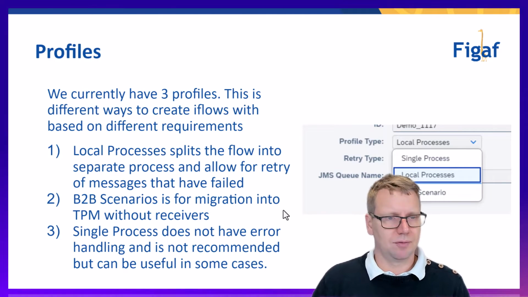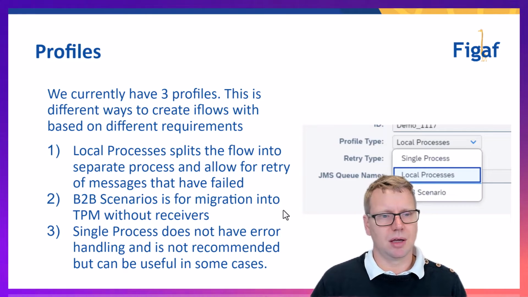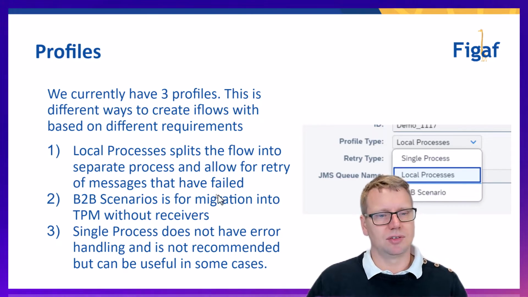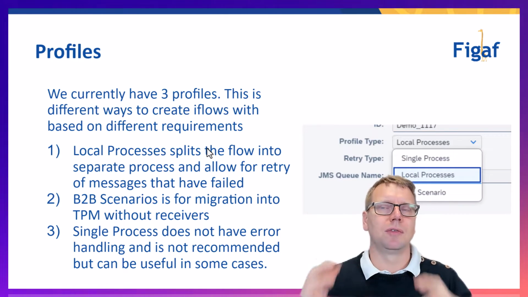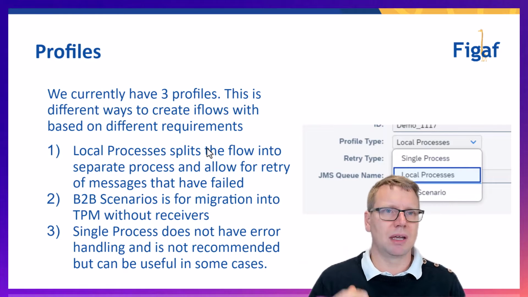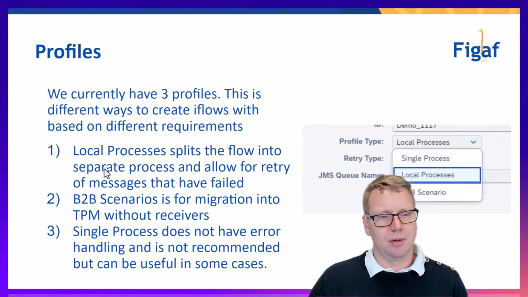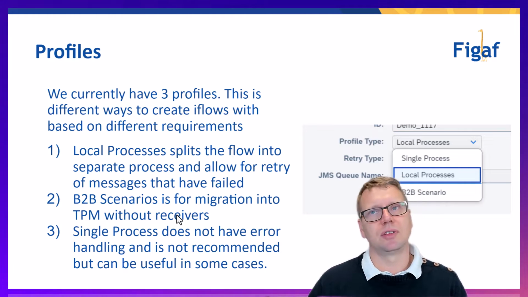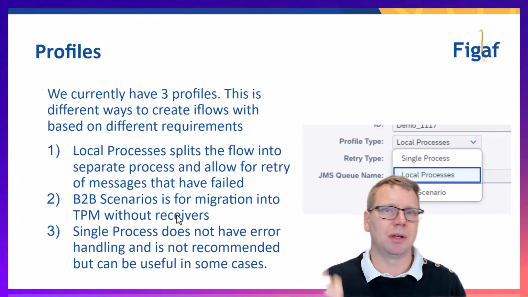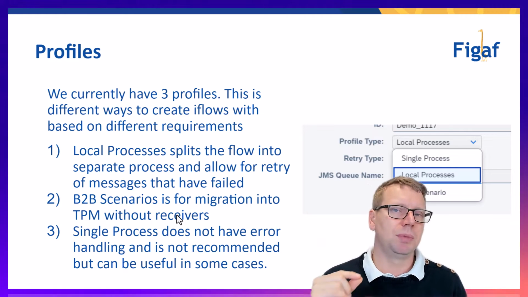That will solve a lot of these problems. We have, for now, 3 profile types. We have the local processes. This is the one we normally recommend for migrations. This allows you to separate the flows into local processes, making it more robust. We have a profile for B2B scenarios. This is used if you have an operation mapping you want to be using into the B2B scenario.